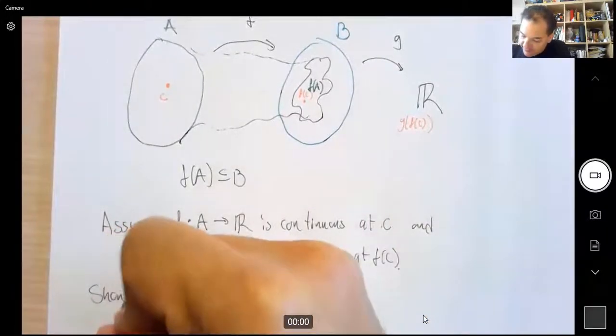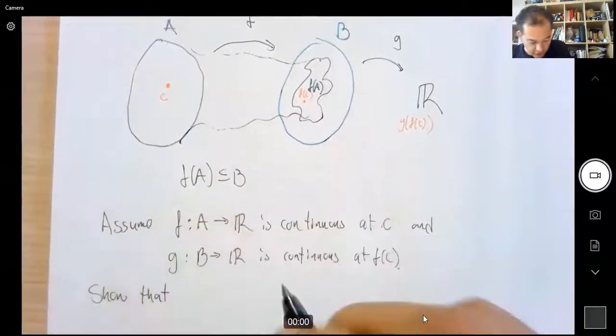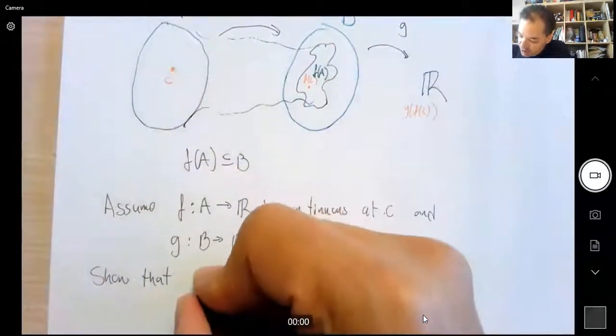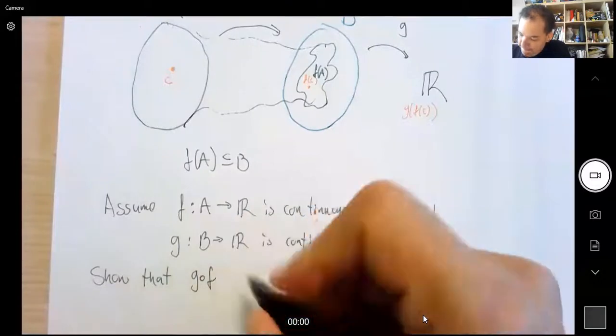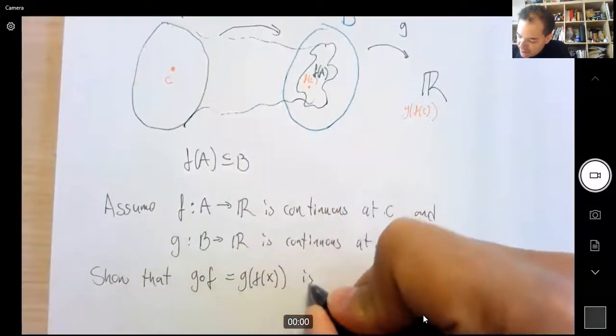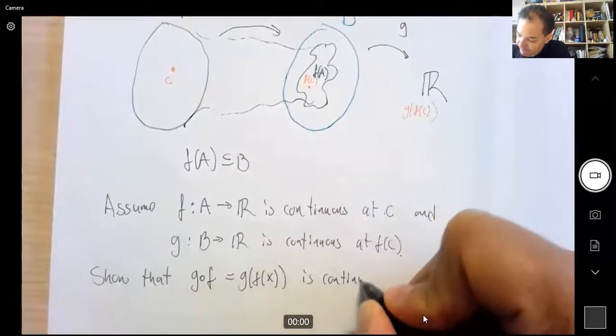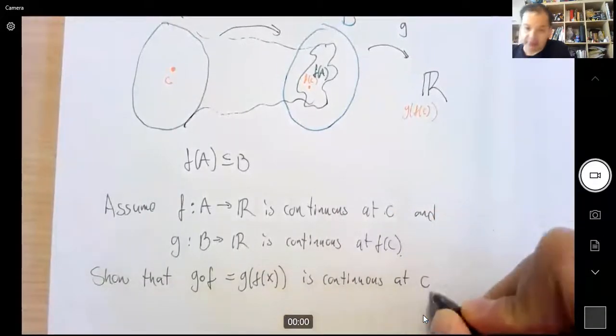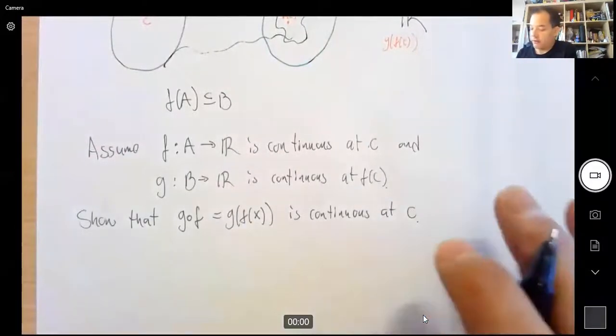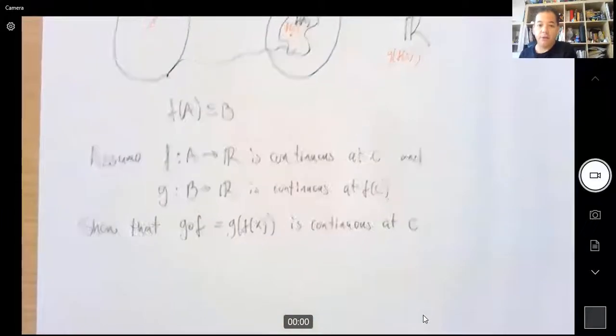Show that the composition, so you first apply f and then apply g, is continuous at c. So in other words, the composition of continuous functions is continuous. All right, so that's what we need to prove.